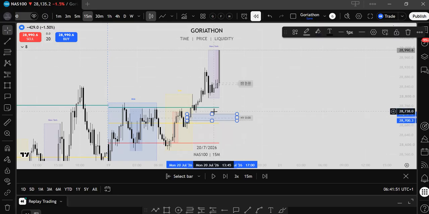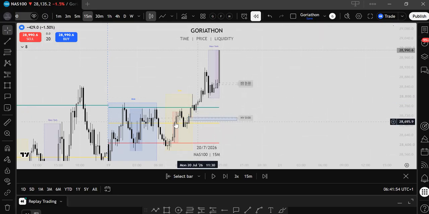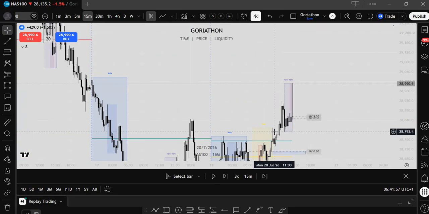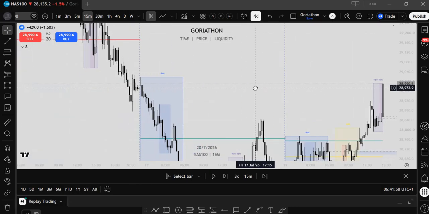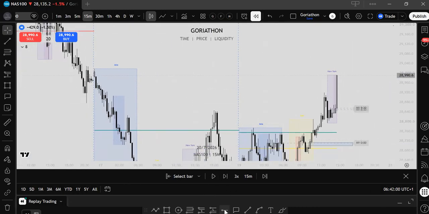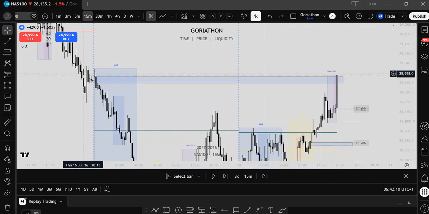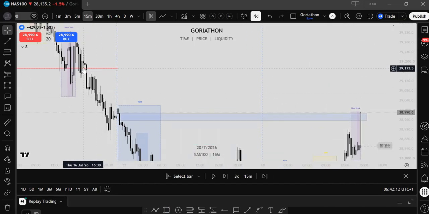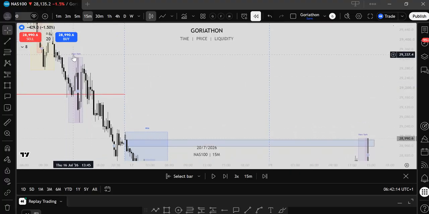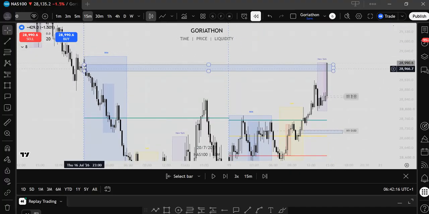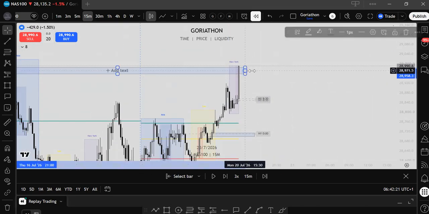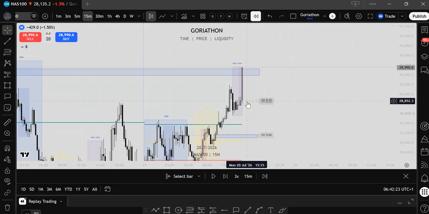Now you need to understand, while you do mark these key areas and this gap over here as well, you need to look to the left to see whether price is reacting from one, right? That's important. So as you can see here, price is reacting from the last M15 bearish fair value gap, right? There are no fair value gaps, nothing up to here. So as you guys know, we mainly utilize fair value gaps to decide on price action. We need to let that play.